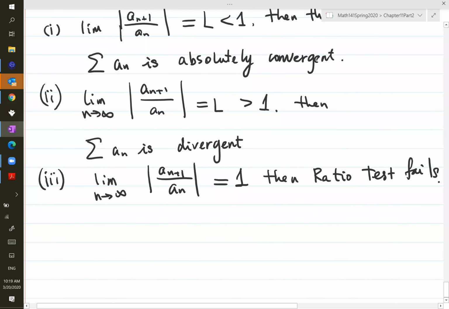Let's see some examples. Let's do some ratio test.